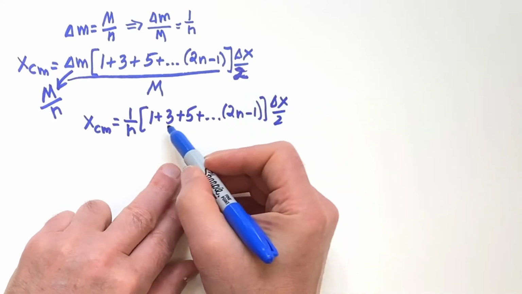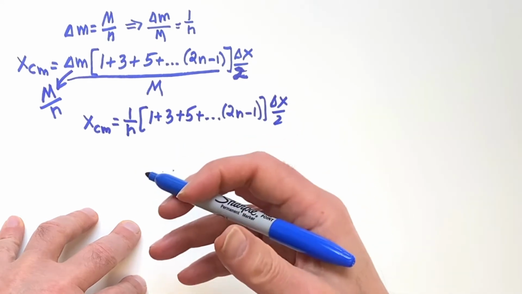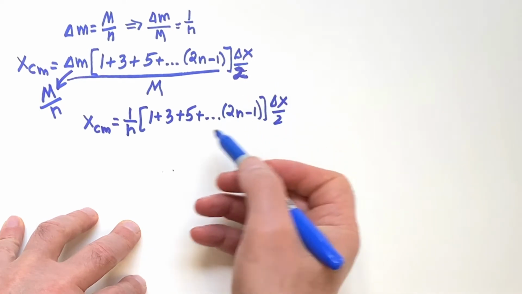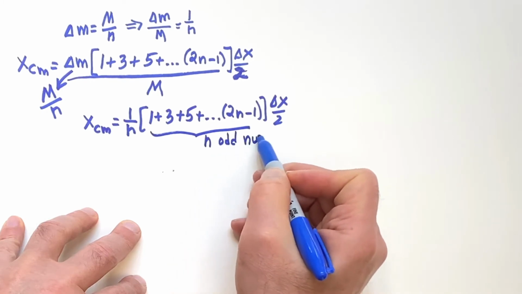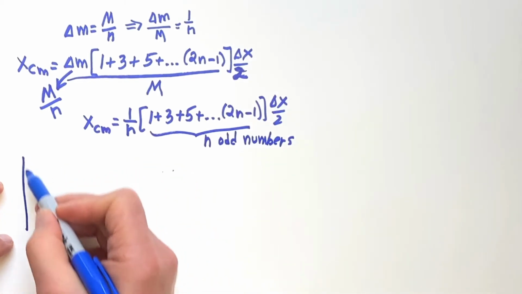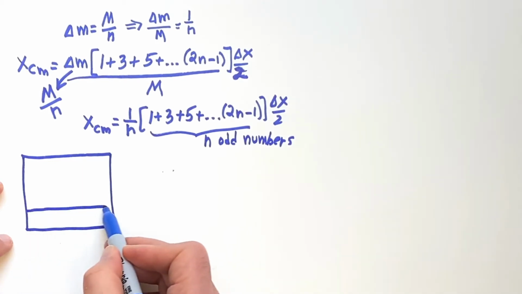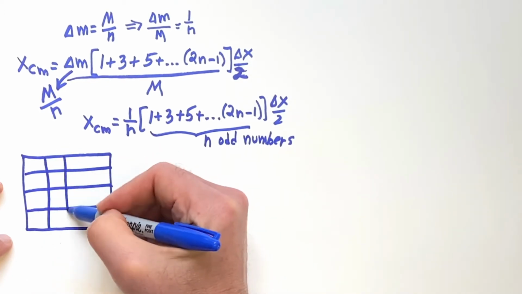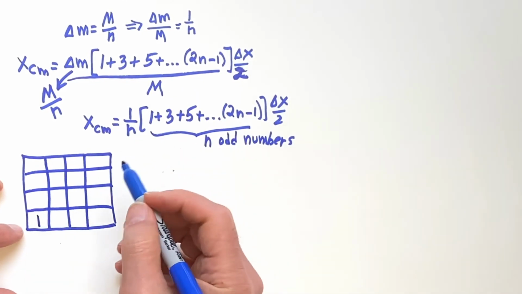Now, what is the formula for solving the problem of adding the first few, and in general, n odd numbers? Because remember, we have here n odd numbers. And there is a very cute way of seeing this: if you have a square and divide it into pieces like this, all the smaller squares are the same. This is 1.